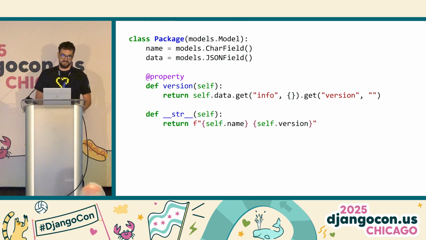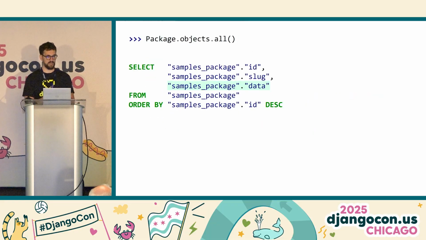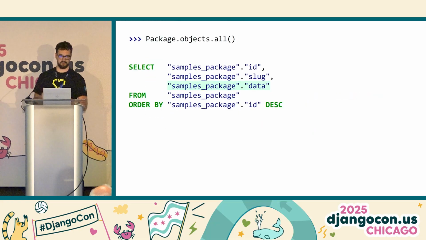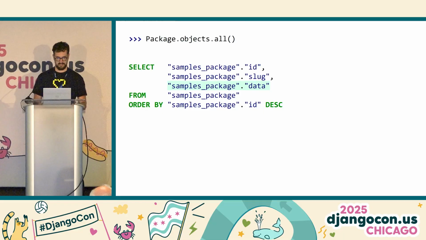We were able to do that also in the past. For example, without having the generated field, we were able to have a property to extract the version directly from here. And this is what we get if we do that. In getting all JSON data with a query, we retrieve all the JSON fields, which can also be very heavy to retrieve from the database.